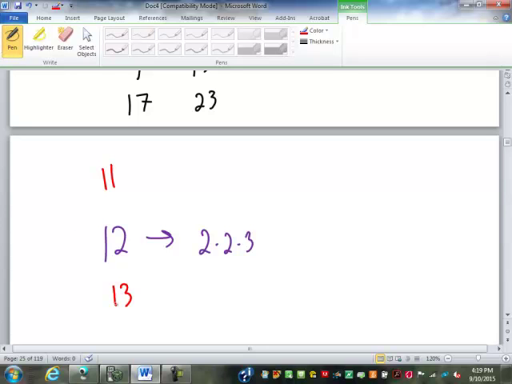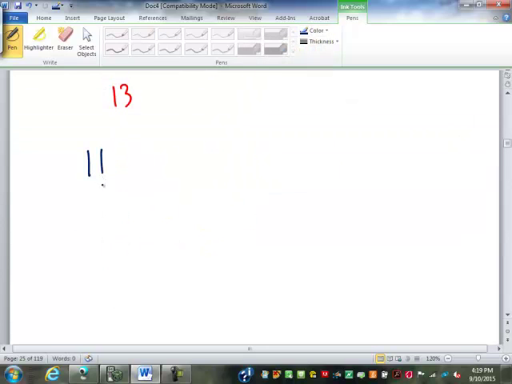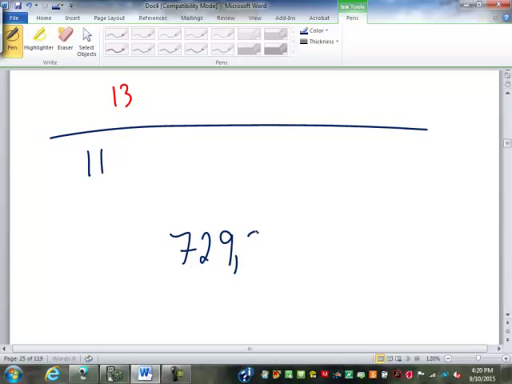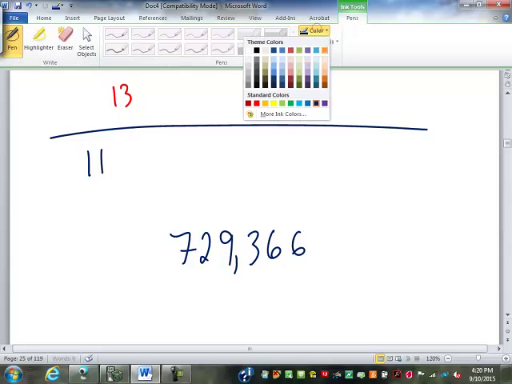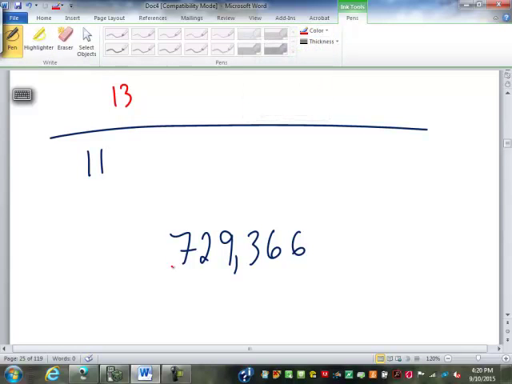The problem is once we get past 10, the rules get to be incredibly complex. For example, let's look at the divisibility rule for 11. So let's look at that one. 729,366. The divisibility rule for 11 says you start with the first digit and you take every other digit after that.